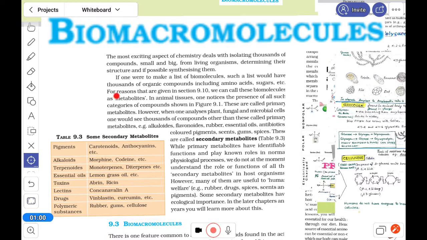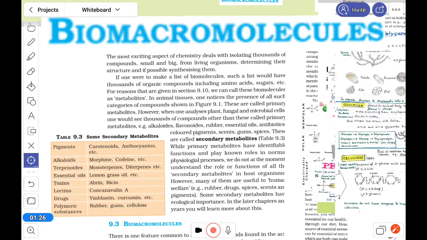Metabolism here means the process of metabolism, a very big term that will be discussed afterward. For that, these metabolites are required. They can be raw materials, or they can be forms also. Both types of meaning are there.